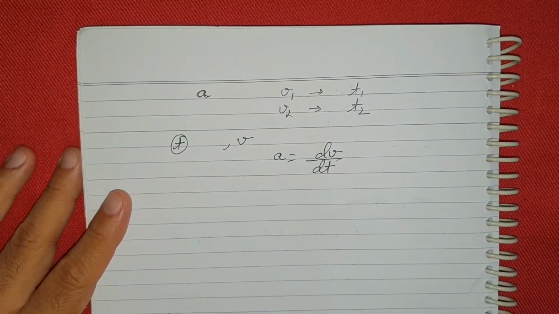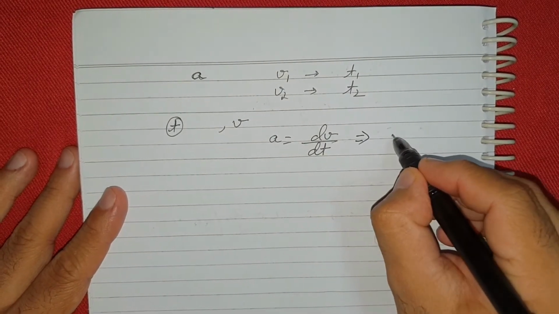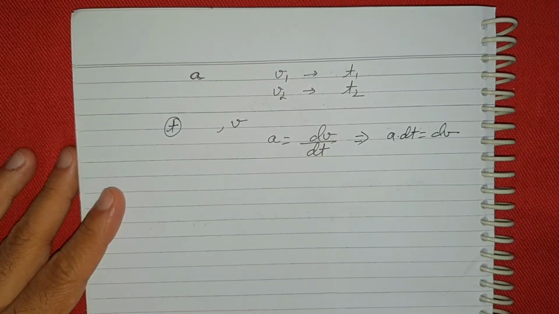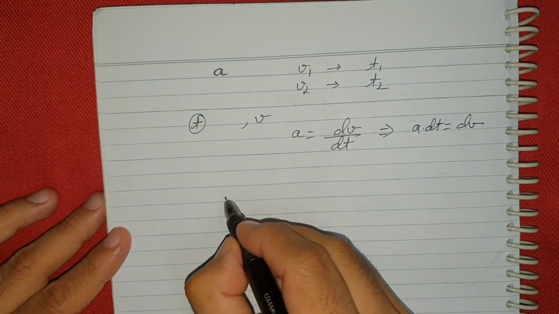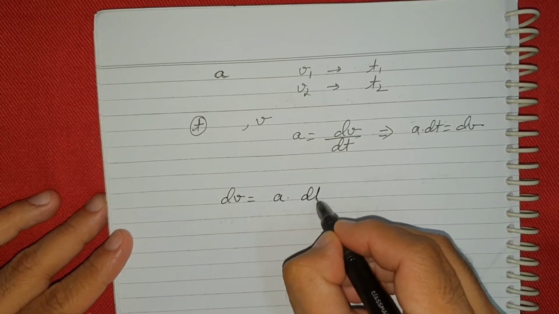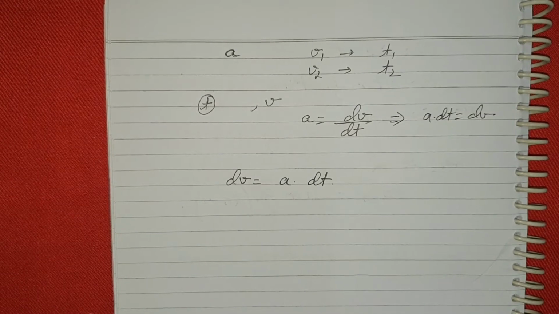Now, cross multiplying, this will be a into dt equals dv, or you can write dv equals a dt.